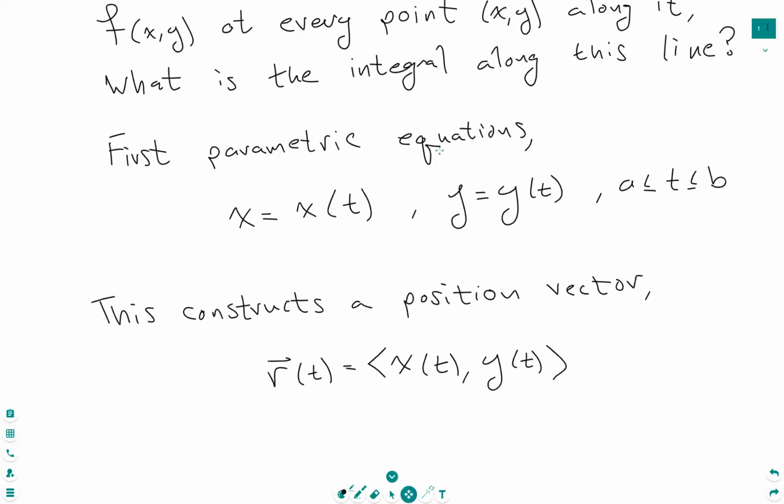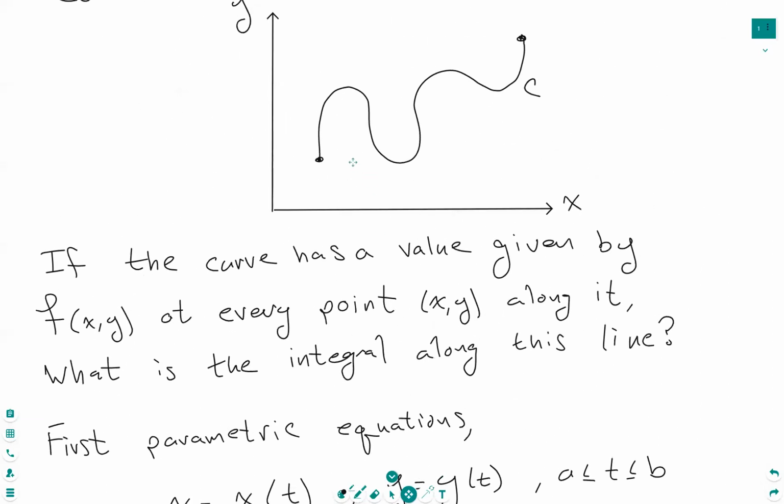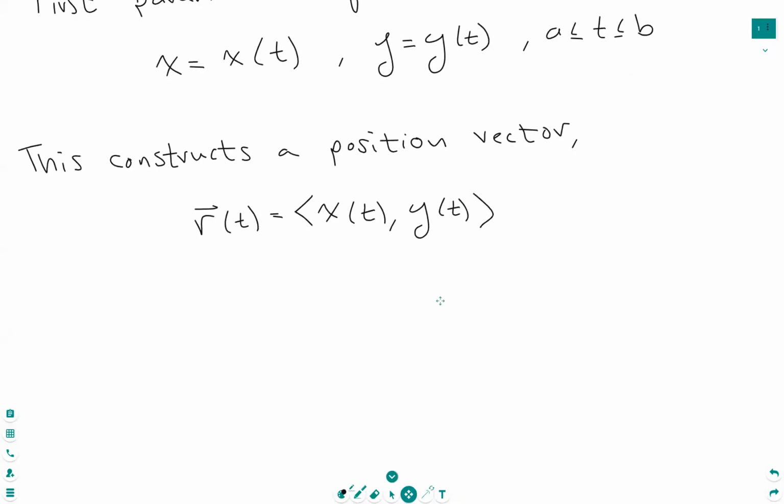Now, if I wanted to approximate the values along this curve C, what I could do is break up this interval into smaller intervals. I could take the halfway point and then cut it up a little bit more and a little bit more, and then approximate this with straight lines in each segment rather than these curves.